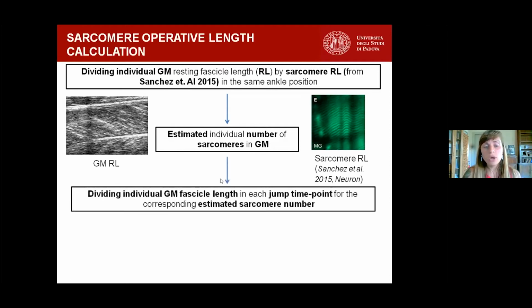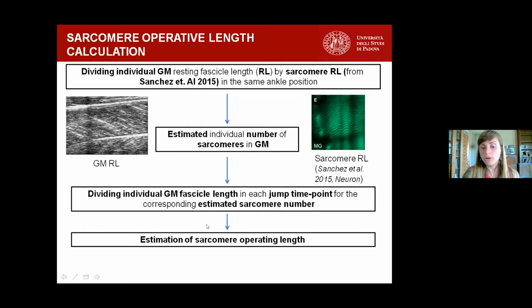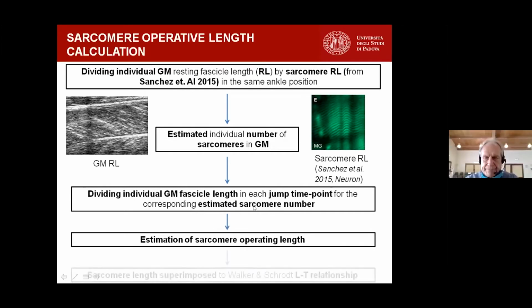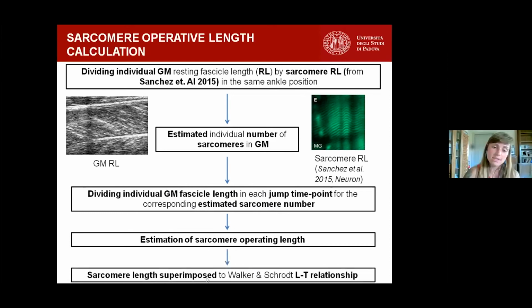With this number, we divided the gastrocnemius medialis fascicle length in each jump time point by the estimated sarcomere number, and we obtained an estimation of the sarcomere operating length in each jump phase. In the end, we superimposed this sarcomere length on Walker and Schroeder's length-tension relationship.